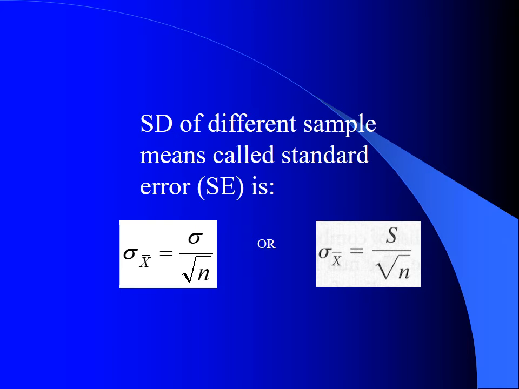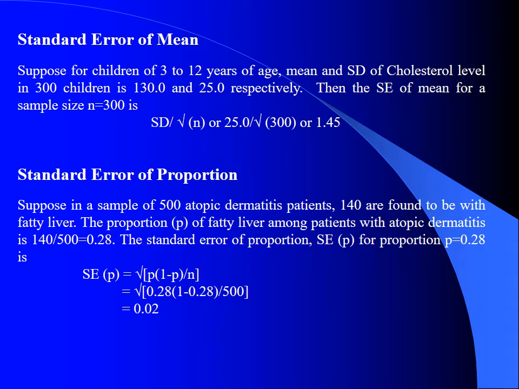So this is the SD of different sample means, called the standard error. This is mathematically derived, so instead of taking several samples and calculating the SD, by dividing the standard deviation by the square root of the sample size, we can get an estimate of the population deviation.